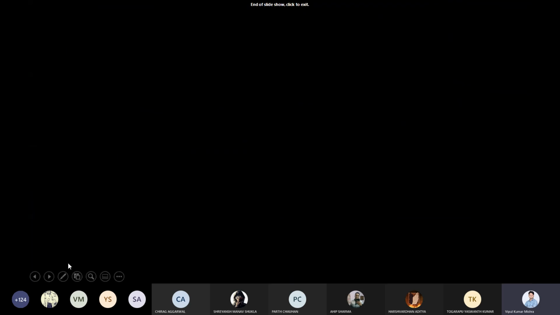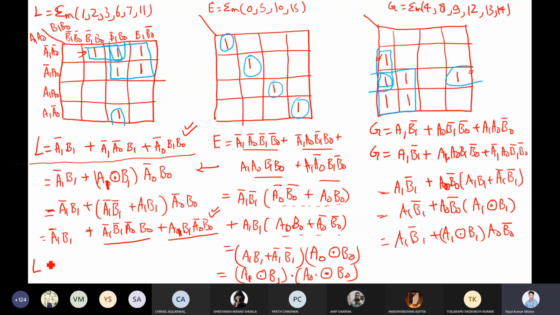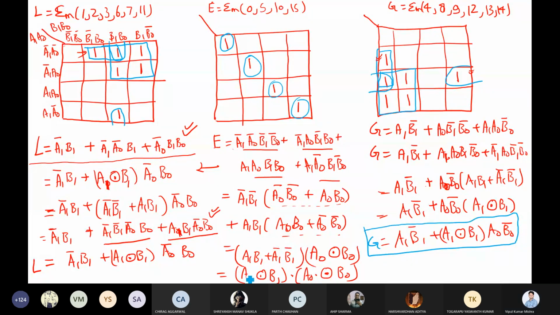So here I'm saying I have L equal to A1 bar B1 plus A1 X NOR B1 and A0 bar B0. And in this place we have this. So let me highlight all three equations with boxes. We got G equal to this, we got E equal to this, and we got L equal to this. Now in these three equations, can you see some pattern, especially in L and G?